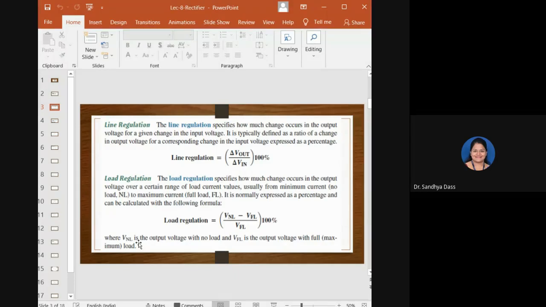Using that reference, the percentage load regulation will be calculated using this equation: VNL minus VFL by VFL into 100. So that is a small recap of the previous class discussion.